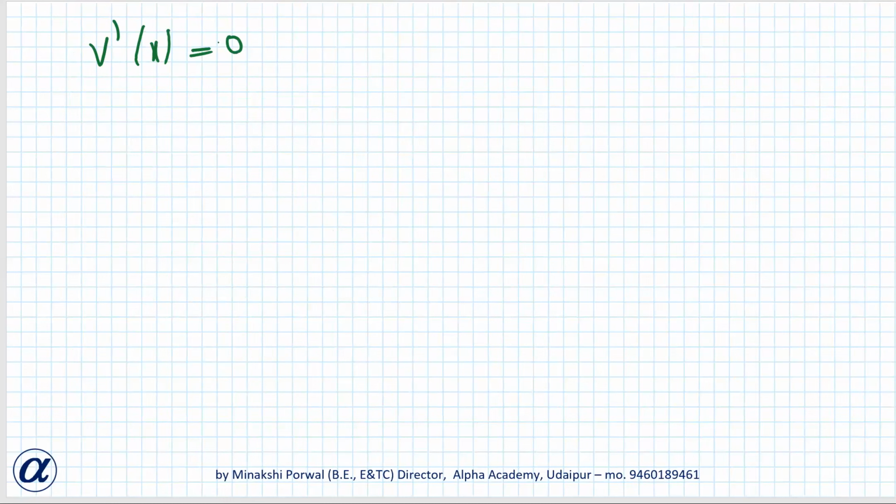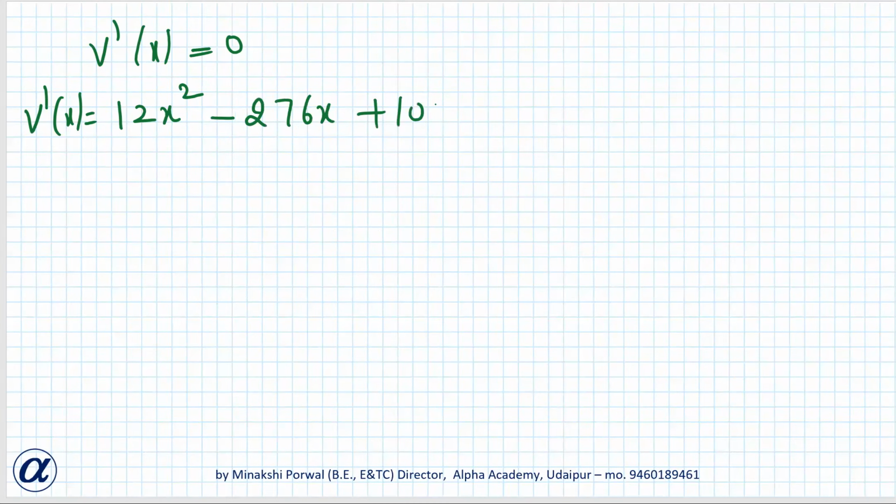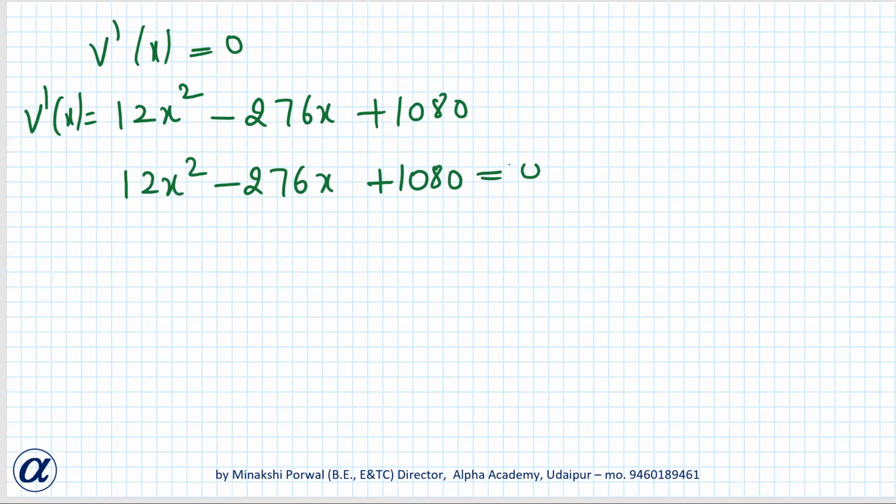So v dash x is 12x square minus 138 minus 138, that is minus 276x plus 1080. When we put it equal to 0, 12x square minus 276x plus 1080 equals 0, or x square minus 23x plus 90 equals 0.